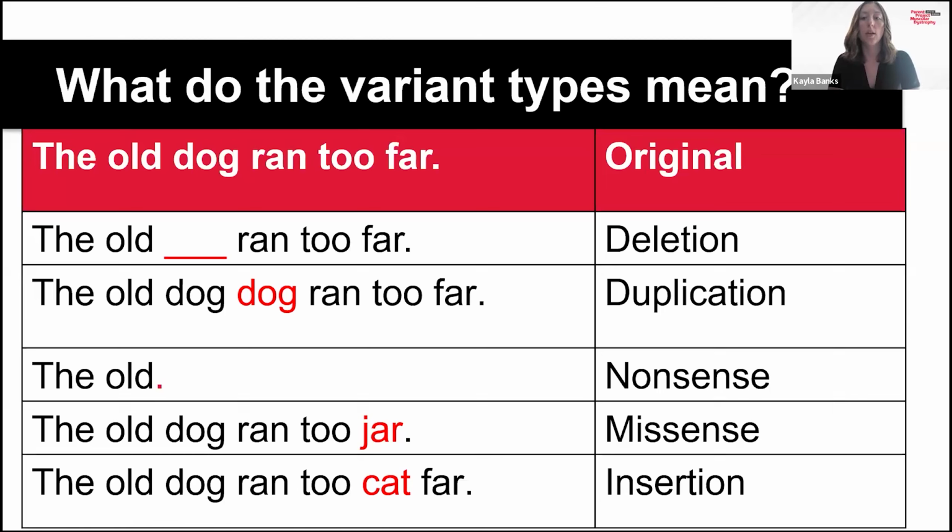Just as changing the words or letters in our example sentence can impact its meaning and whether it makes sense, changes within the DMD gene can change how it is functioning, and certain changes can have more impact than others.